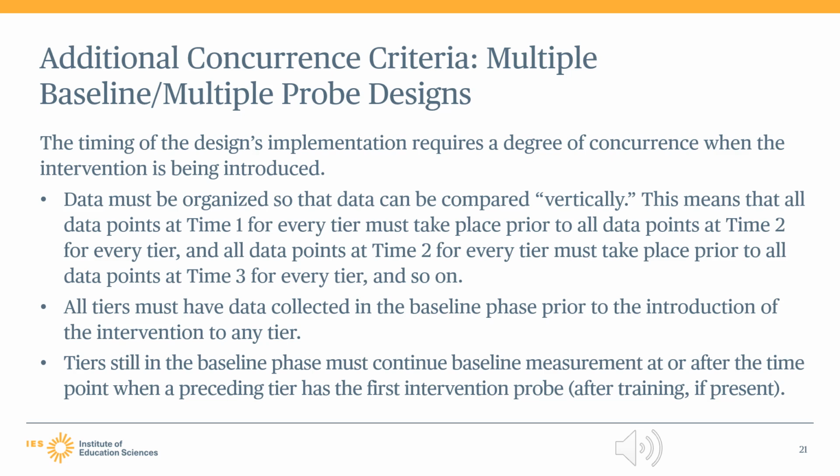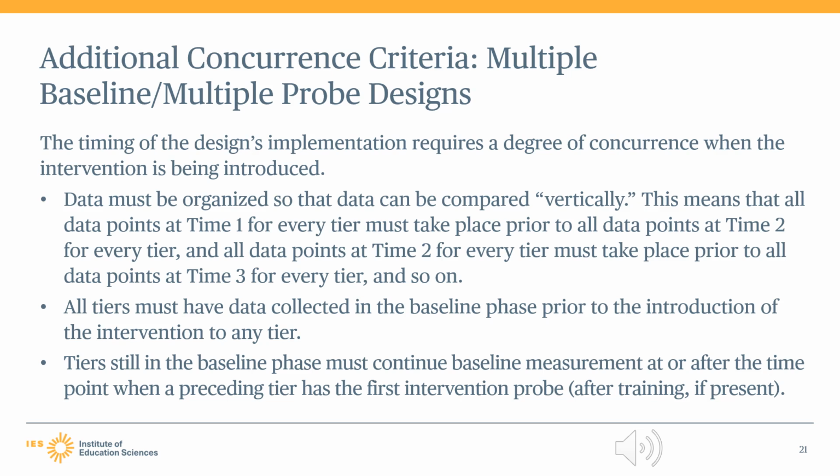If the plots are numbered in a way that implies this criterion is met, reviewers can assume that the data are organized for vertical comparison unless there is textual evidence to suggest that observation sessions did not take place concurrently. For instance, if the author mentions that the first case was observed in August, the second case was observed in September, and the third case was observed in October, then this criterion would not be met.